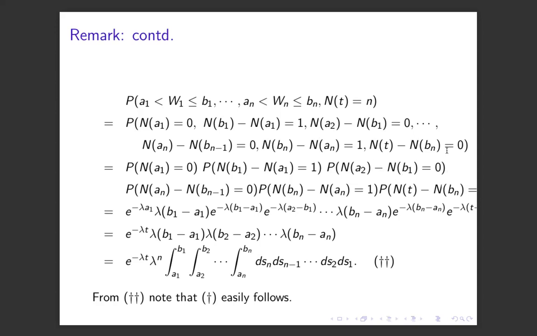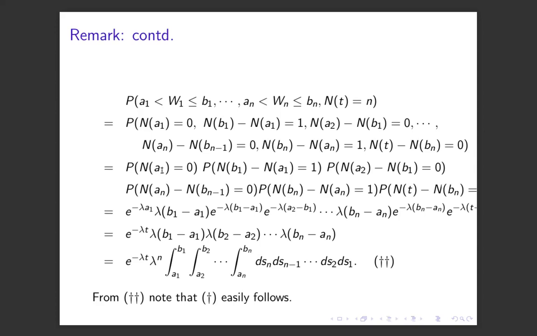Probability of this event. So that is the probability N(T) minus N(Bn) equal to 0. Okay.